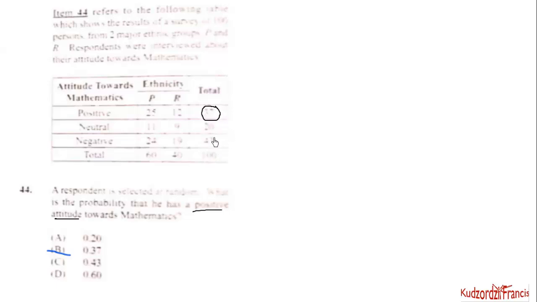And you express it over the total number of respondents, which is 100. So it's going to be 37 out of 100. And 37 out of 100 is the same as 0.37. So the correct answer is indeed 44, B.